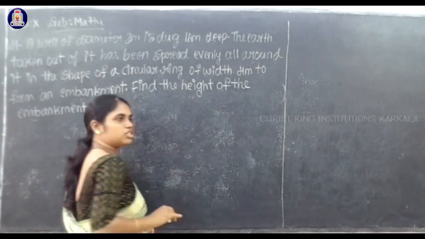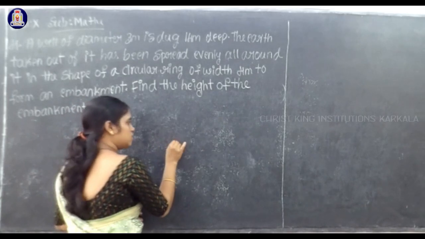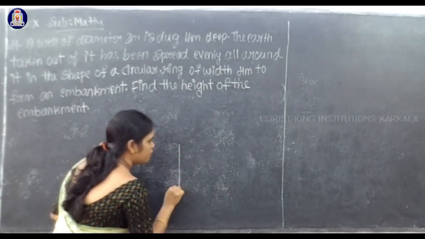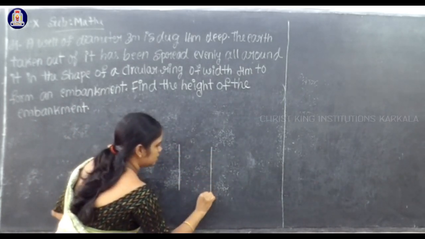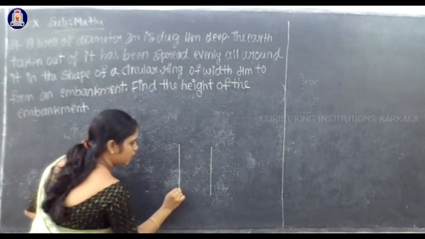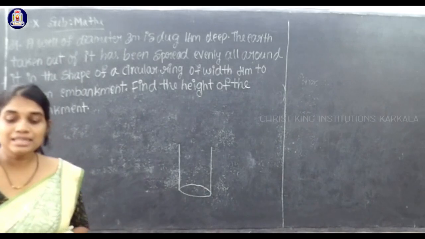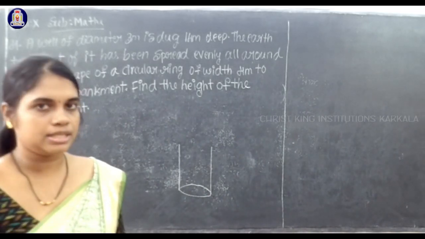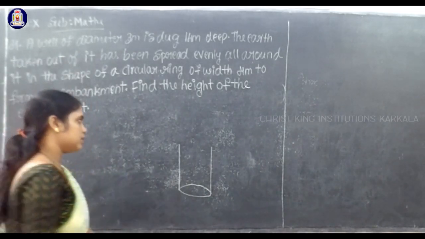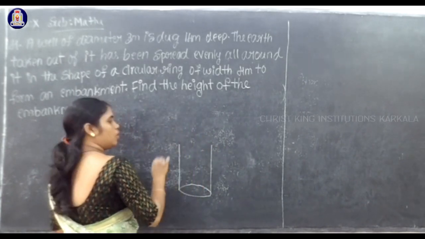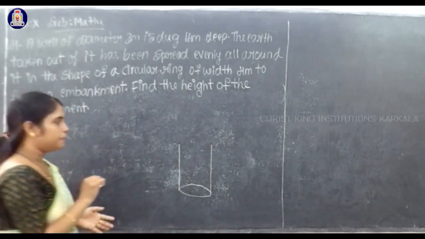So first I will draw the figure. First I will consider the well. Students, a well means obviously it will be in a cylindrical shape, isn't it? Also, they have given one embankment.